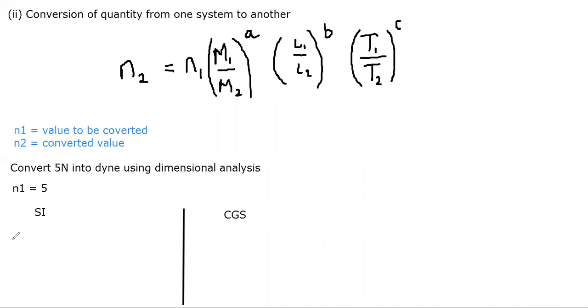Now in SI, mass is measured in kgs. So M1 is equal to 1 kg. Now, how is length measured in SI? It is measured in meters, so 1 meter. How is time measured in SI? That is measured in seconds, so 1 second.